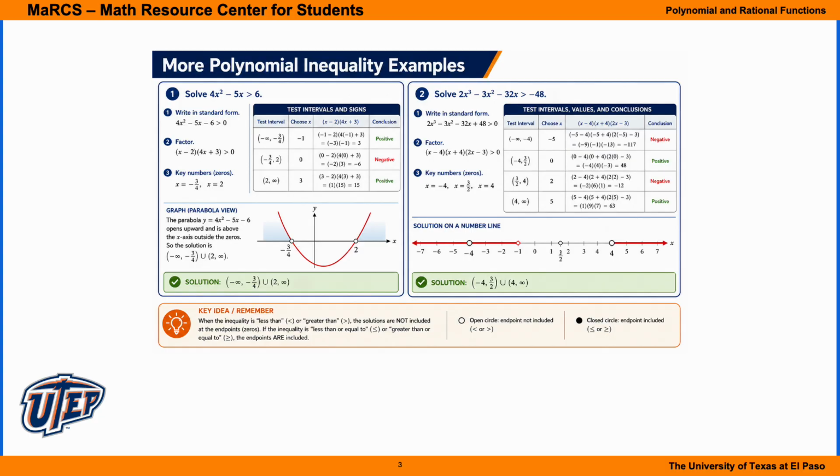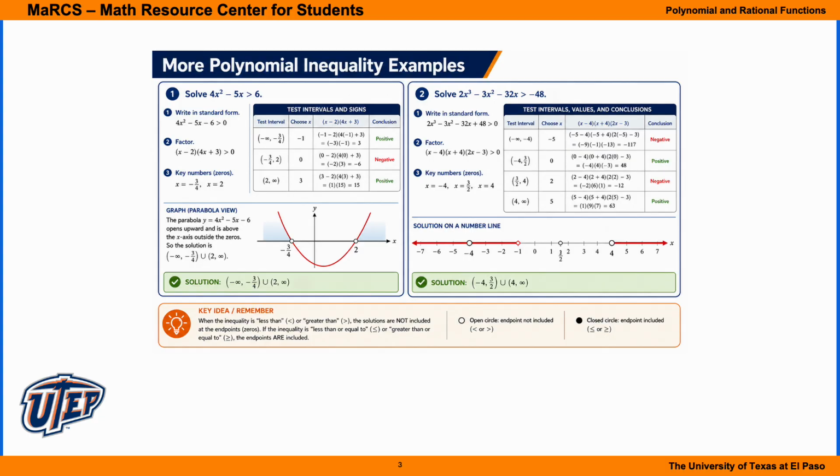So for our first one, we chose negative 1. So f of negative 1 will equal positive 3. So our function will be positive on that interval, so that holds. So our function is greater than 0 on that interval, so that interval will be part of our solution. For f of 0, we got negative 6, so that portion will not hold for our inequality.